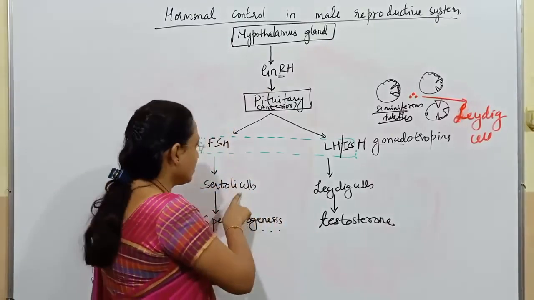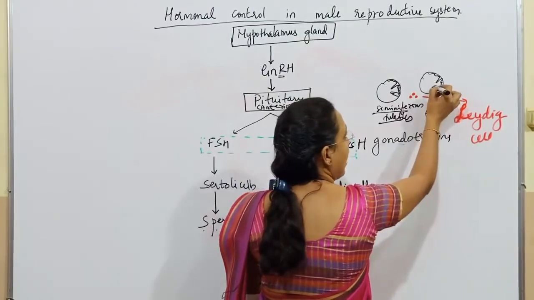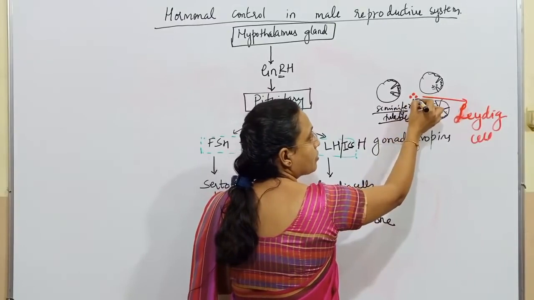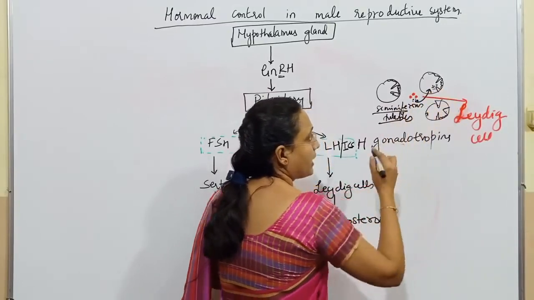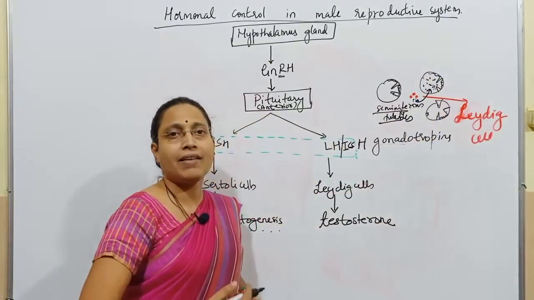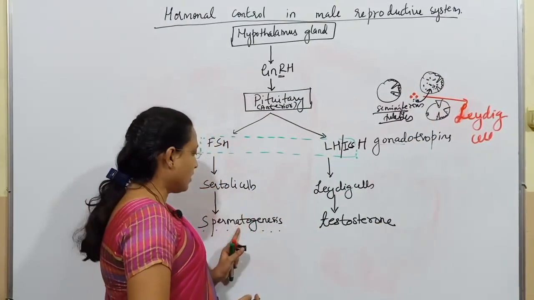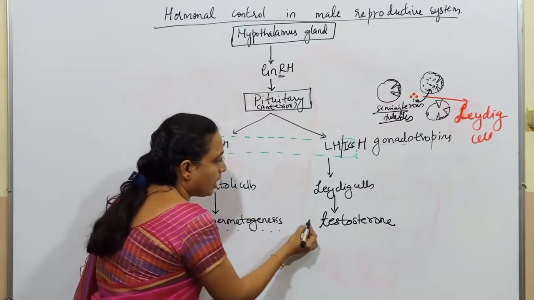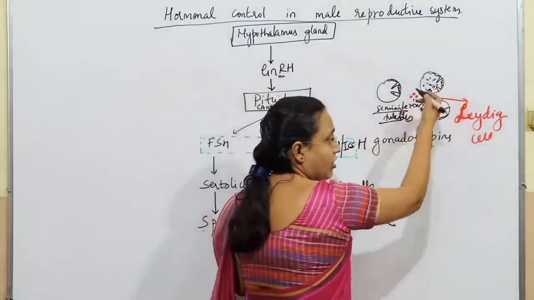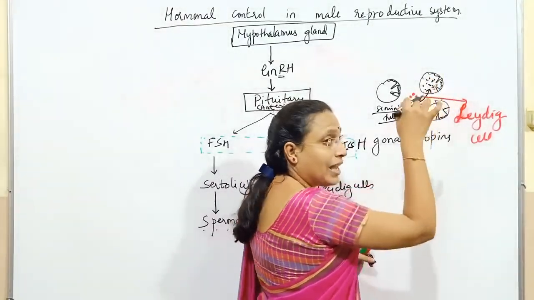Now, Sertoli cells will start producing the protein called androgen binding protein. It will attract the testosterone that is produced by Leydig cells, so that the testosterone concentration is more in the seminiferous tubule and spermatogenesis will increase. Testosterone is actually produced outside the seminiferous tubule and spermatogenesis is going on inside.